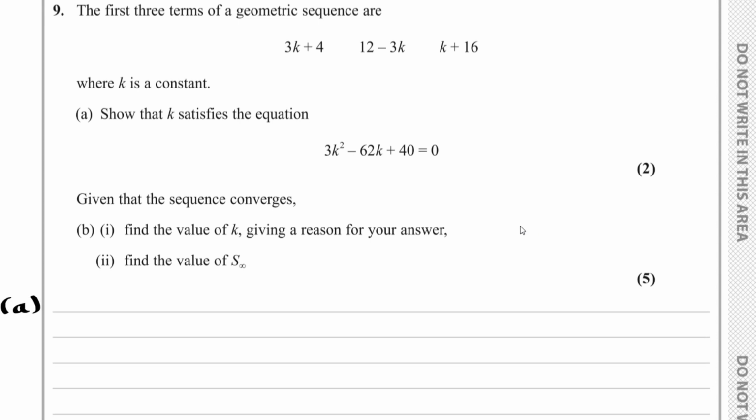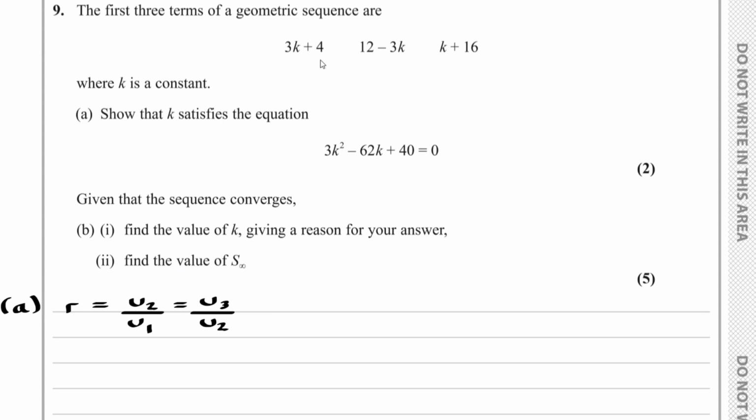To begin with, for part A, the common ratio r, that's equal to the second term divided by the first term, and this is also equal to the third term divided by the second term, and this is true for a geometric sequence.